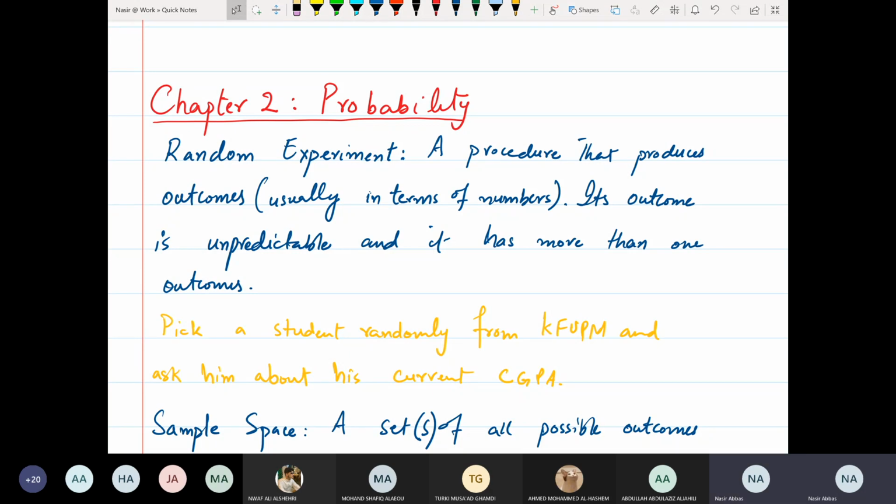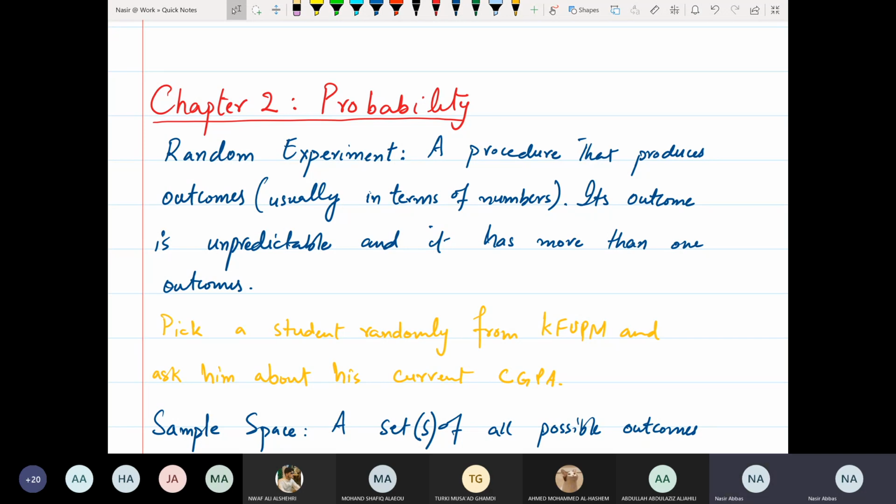So the definition of random experiment is what? It's a procedure, a method that if you do it, you get some outcomes in terms of numbers. And the word random means the outcome is unpredictable. And unpredictable in itself contains the definition that it should have more than one outcome. If there is only one outcome, it cannot be unpredictable. So these are some of the properties of a random experiment: it has unpredictable outcomes, obviously more than one possible outcome.